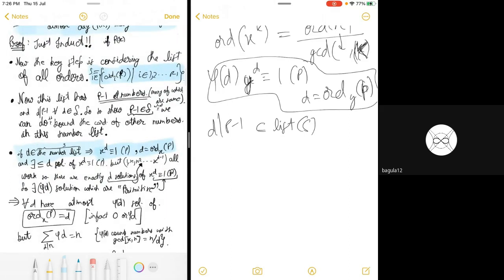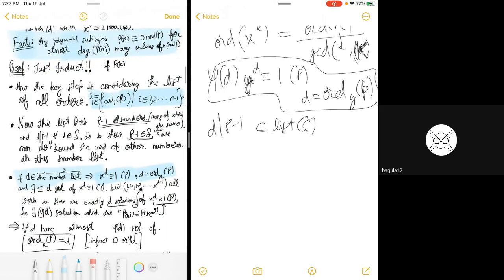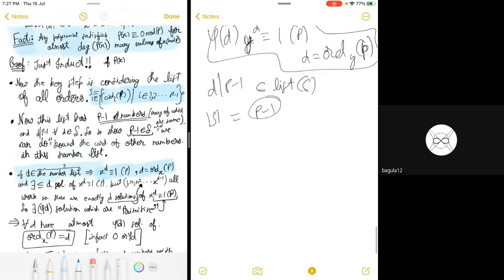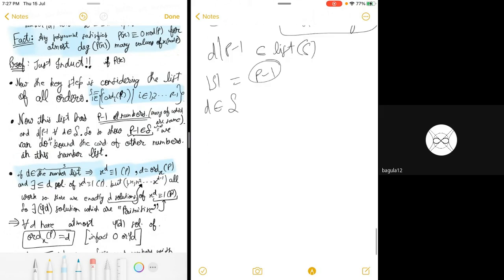So now, the list we have defined has cardinality exactly p minus 1. Moreover, suppose d belongs to that list, then there exists x such that x to the d is congruent to 1 modulo p. The solutions to this equation are precisely 1, x, x squared, up to x to the d minus 1.